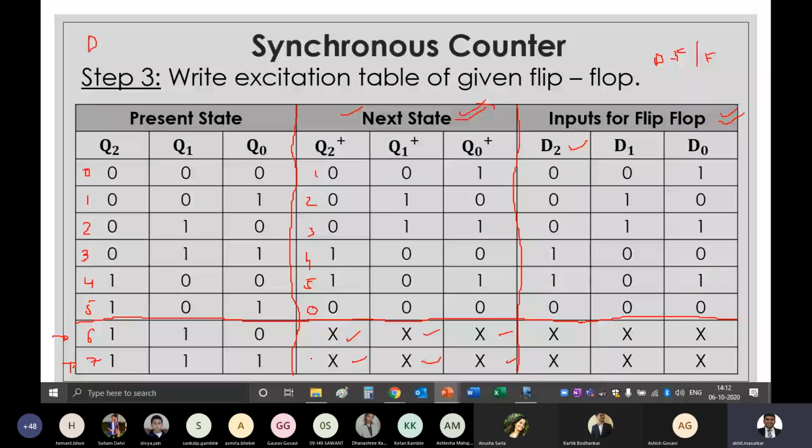It can be anything. As a designer, if somebody asks me what the next state of 6 and 7 should be, I will just say keep anything. That is the reason why I have written don't care conditions here. So please copy this excitation table, and once you are done with this, just write done in the chat box.